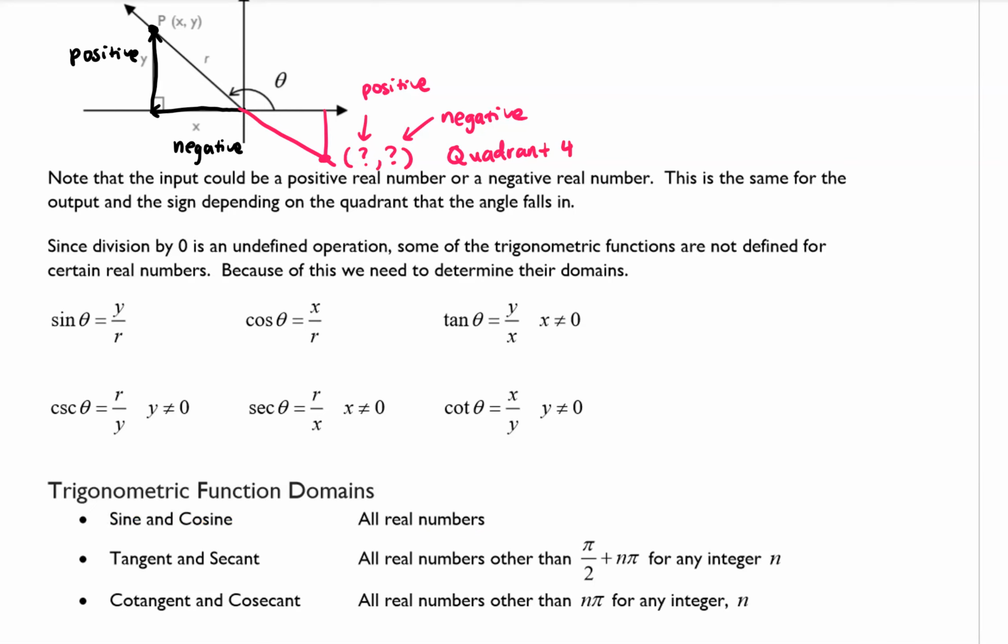Let's talk about tangent and secant. So if we wrote out some of the identities for tangent, so tangent of theta is equal to sine of theta divided by cosine of theta, and secant of theta is equal to 1 over cosine of theta.